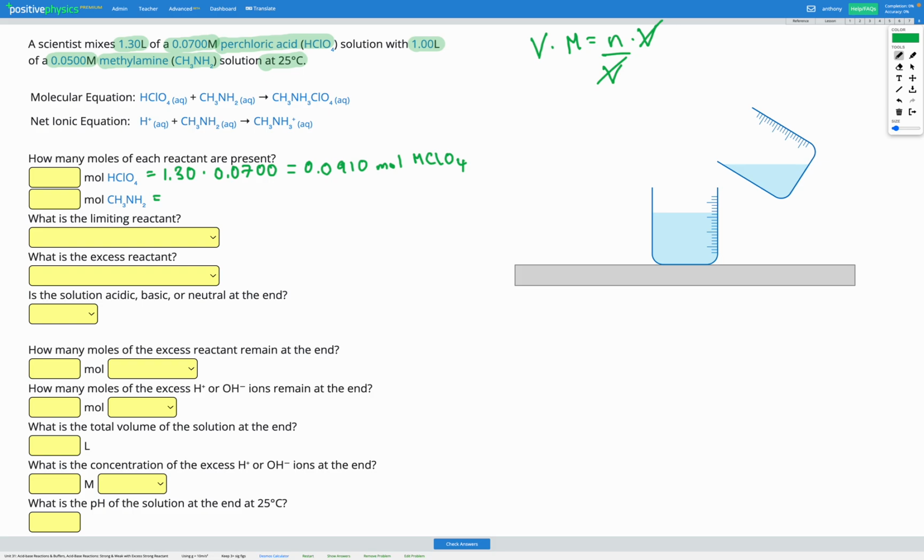For the methylamine, we have a volume of 1.00 liters and a molarity of 0.0500 molar. When we multiply those together, we get a number of moles of 0.0500 moles of CH3NH2. So let's go ahead and fill those numbers in here.